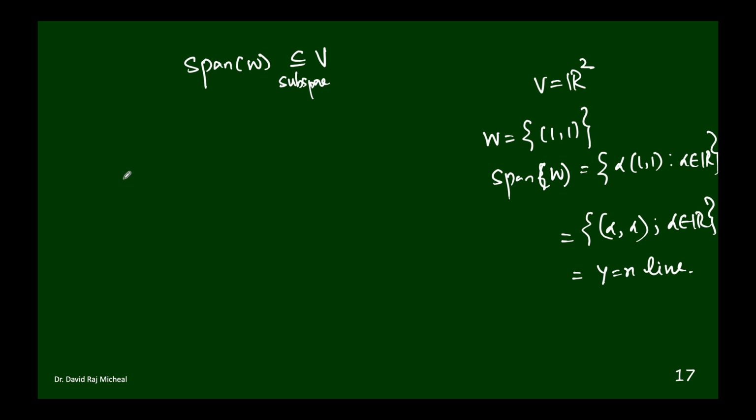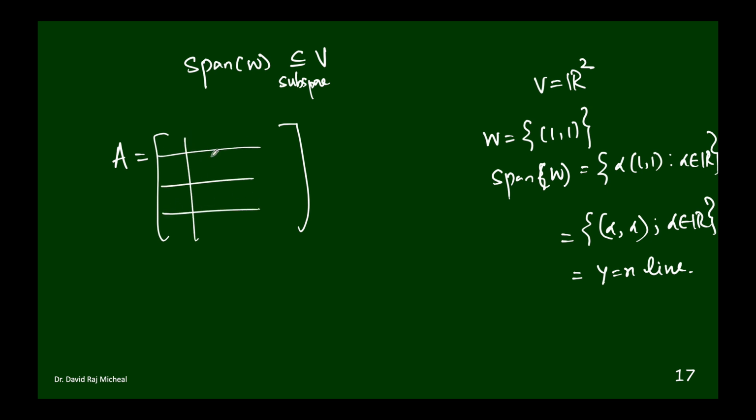Now what else can we do? If you consider a matrix A, the matrix is written in terms of rows and columns, right? So rows are there and then columns are there. Now every row can be considered as a vector. So, for example, R1 is a vector, R2 is a vector, R3 is a vector, and so on up to Rn is a vector.